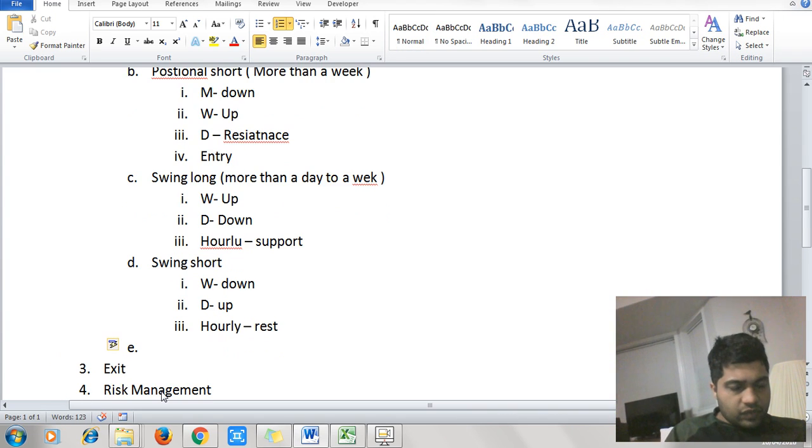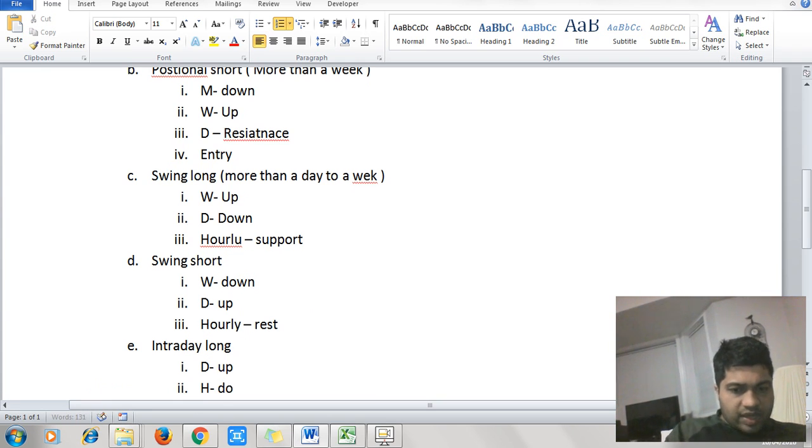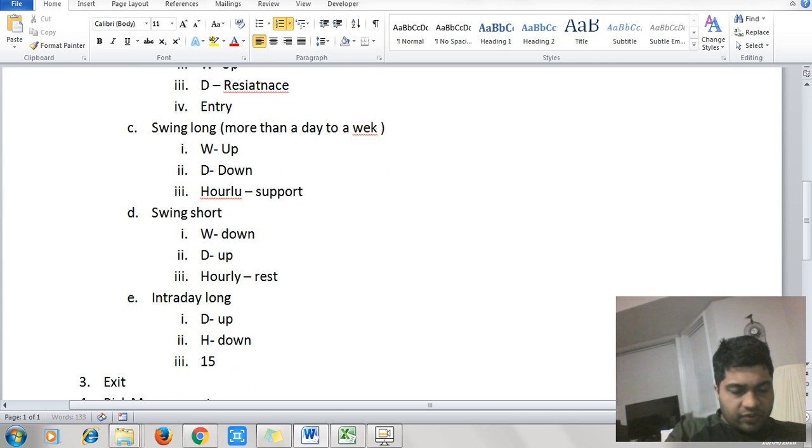E, intraday long. Daily should be uptrend, hourly should be down, and on the 15 minute chart identify a support.